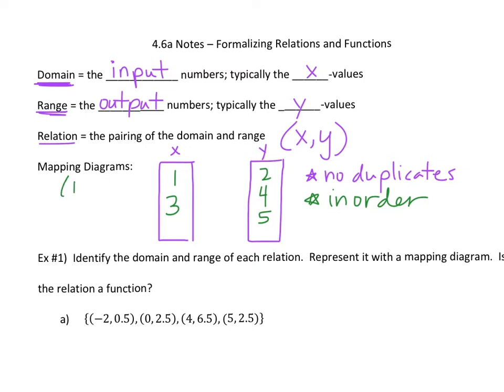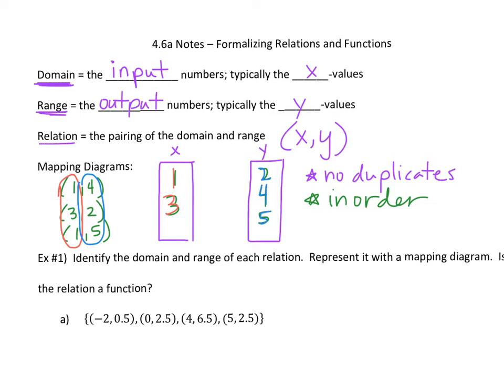So say we had the point 1, 4, the point 3, 2, and the point 1, 5. Okay, if those were our points, notice what happens here. We have 2 1s and a 3. 1 and 3. Then we have a 4, a 2, and a 5. We put them in order, 2, 4, and 5.